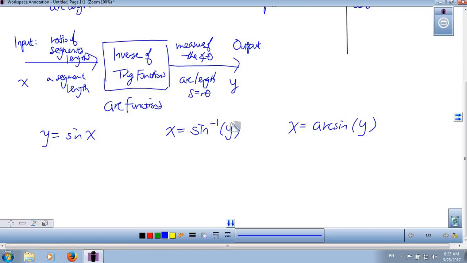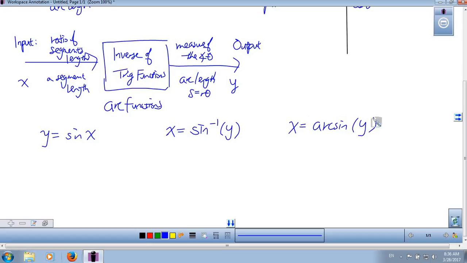On your calculator, you will probably see the sine inverse, sine to the negative first power, most likely above your sine, cosine, and tangent keys, but sometimes you will also see arcsine or A-sine.